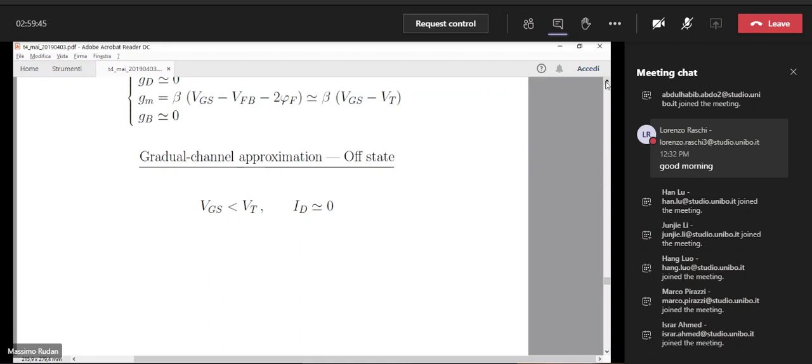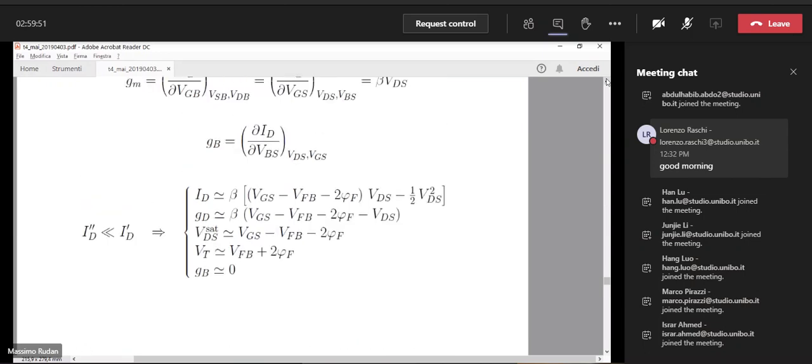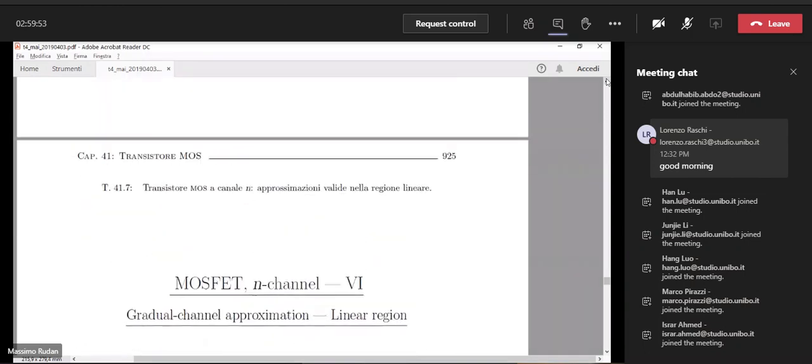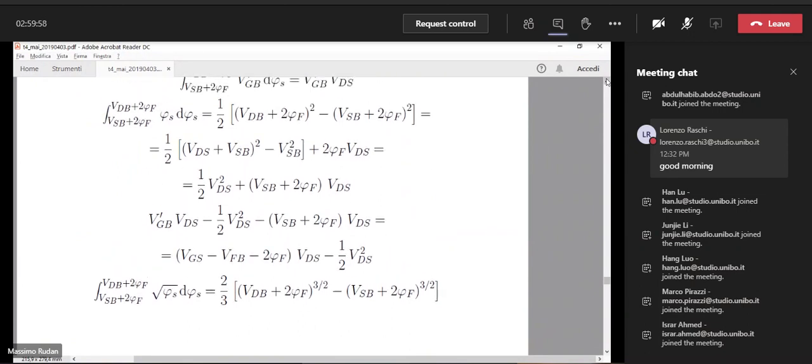We can also analyze the small signal circuit. For the small signal circuit, we take the more general expressions. We don't make the simplification of abolishing the ID prime part, okay? So we keep it, okay?